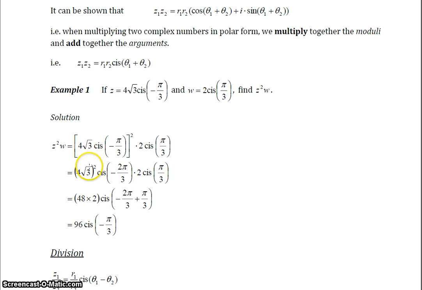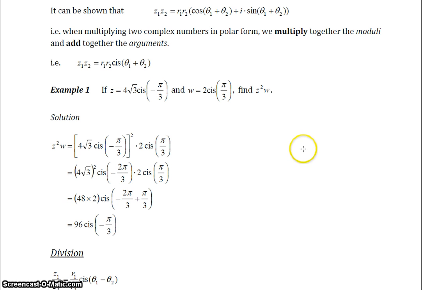So the square root of 48 times itself is going to be 48. We multiply that by this modulus 2, and that comes to 96. And the arguments we add together, so negative 2 pi on 3 plus pi on 3 is going to be negative pi on 3. So that is our solution for this particular product.